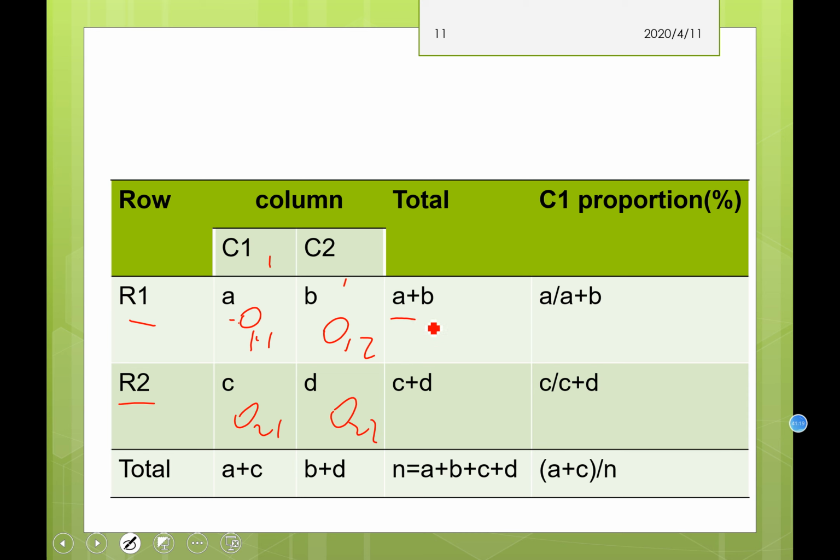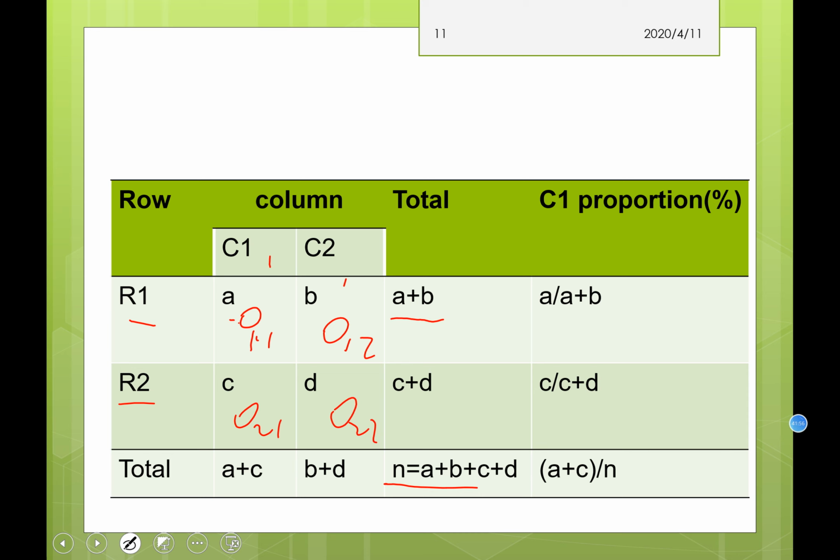So here the total of the first row is A plus B, and the total for the second row is C plus D, and the column total for the first column is A plus C, and the second column total is B plus D, and the sample size little n equals A plus B plus C plus D. We don't use O11, O12, Oij here because that is too complex.